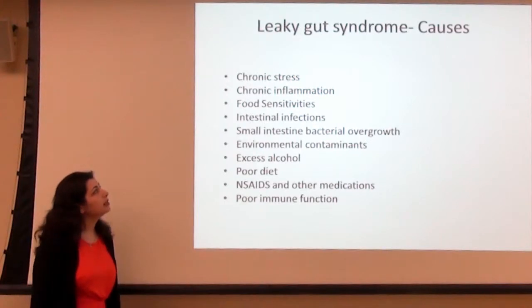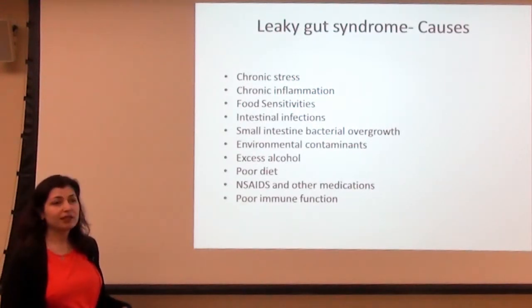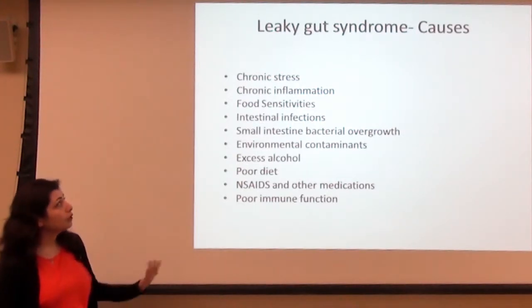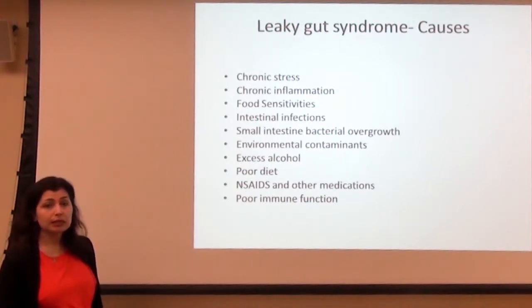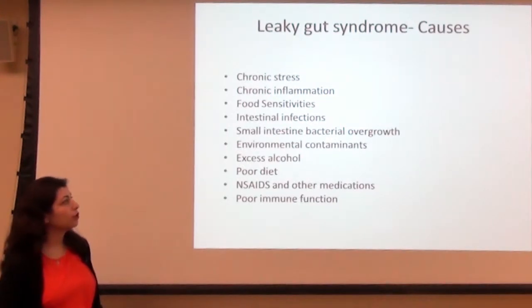So some of the causes of leaky gut, it could be chronic stress, and I think stress can just trigger a lot of inflammatory mediators. So stress, chronic inflammation, food sensitivities, infections can damage the lining of the gut, small intestinal bacterial overgrowth, which is a particular bacteria that affects the intestinal walls, environmental contaminants.